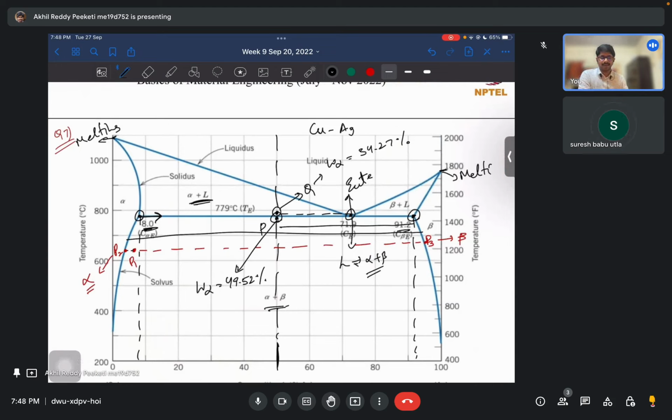Now can you tell me, just by crossing the eutectic point, the alpha percentage is increasing by so much, from 34.27 to 49.52. Where do you think that is coming from?